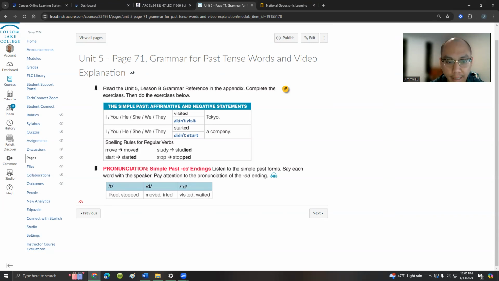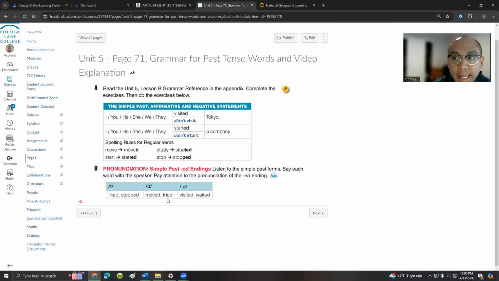So looking at this, ta and da will be an extra sound. Id is an extra syllable. So if you think about it, the word in present tense, like, is one syllable. Liked is still one syllable. We just add an extra sound, ta. Okay. The same with da.